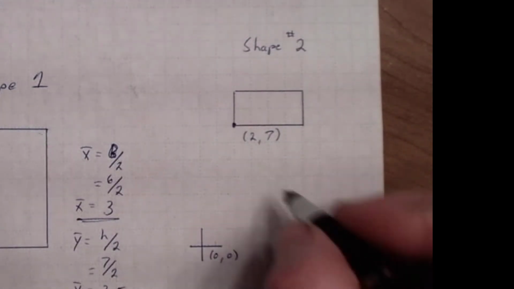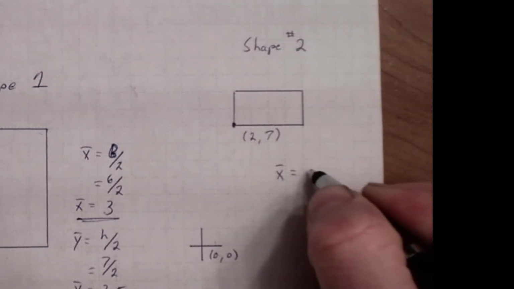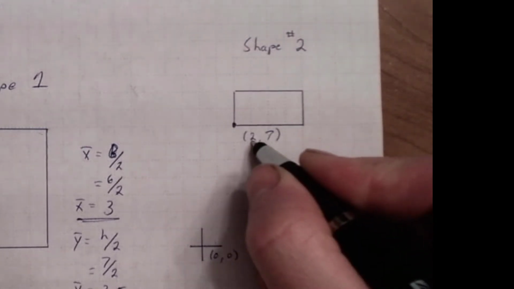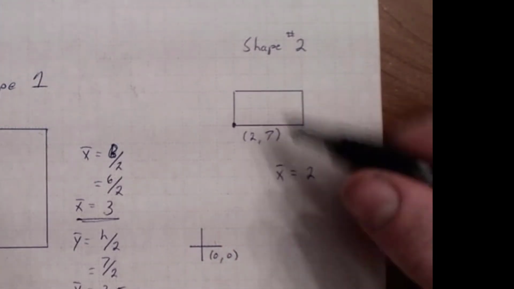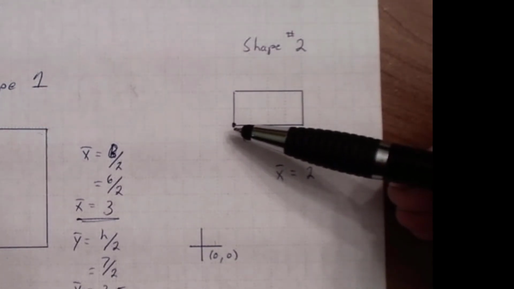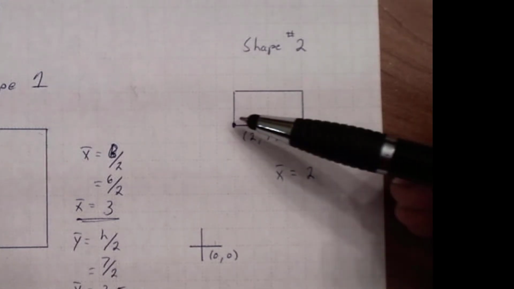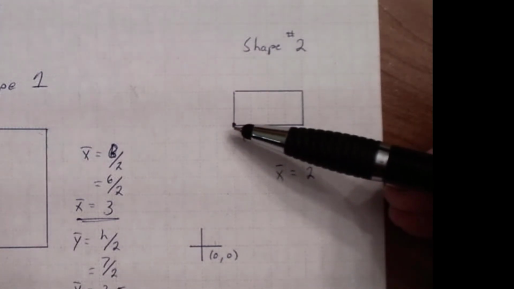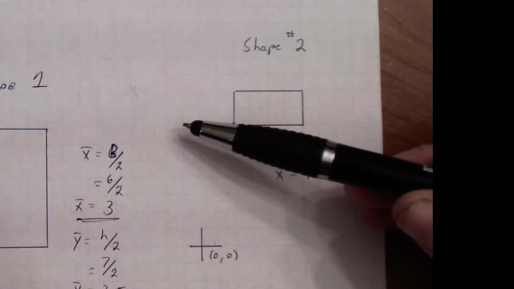So then when I calculate the x bar, I immediately go x bar equals 2. I take my x coordinate and I plug it directly in here. Then I ask myself a question: is my formula going to take me in a positive direction for the centroid, or am I going to move from the point I'm at in a negative direction to get to the centroid of the object?